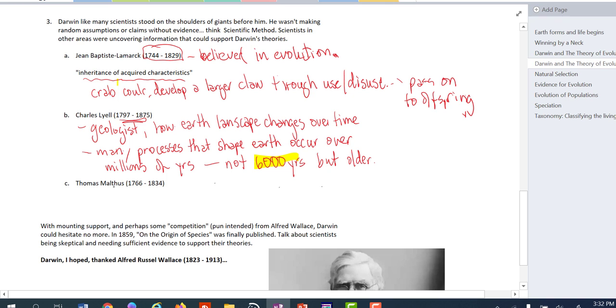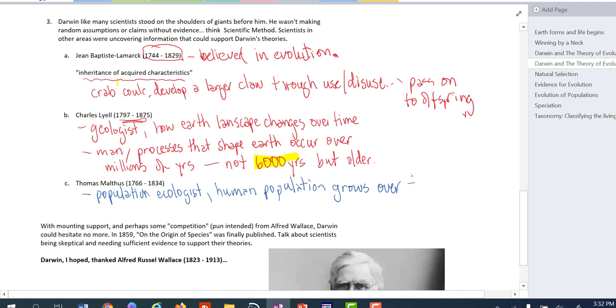Lastly is a guy by the name of Thomas Malthus, who was a population ecologist, and he looked at how human population grows over time, right?